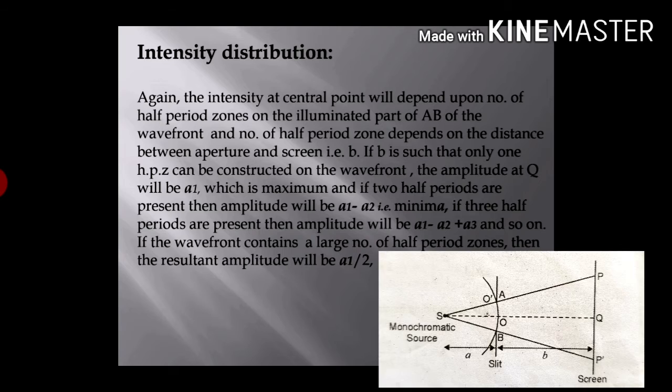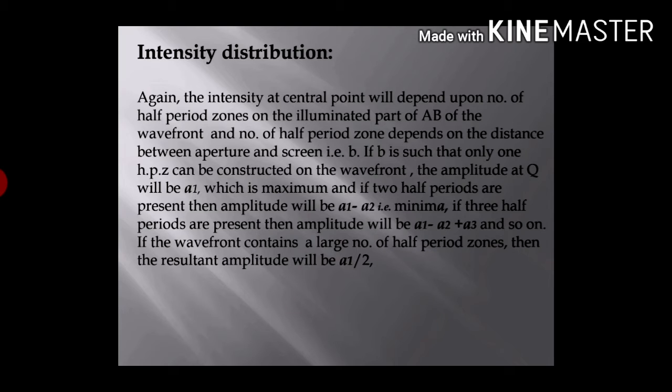If there are three half period zones, then the amplitude will be A1 minus A2 plus A3, which is also a condition for maxima. And if the wavefront contains a large number of half period zones, then the resultant amplitude will be half of the amplitude due to the first half period zone, means A1 by 2.